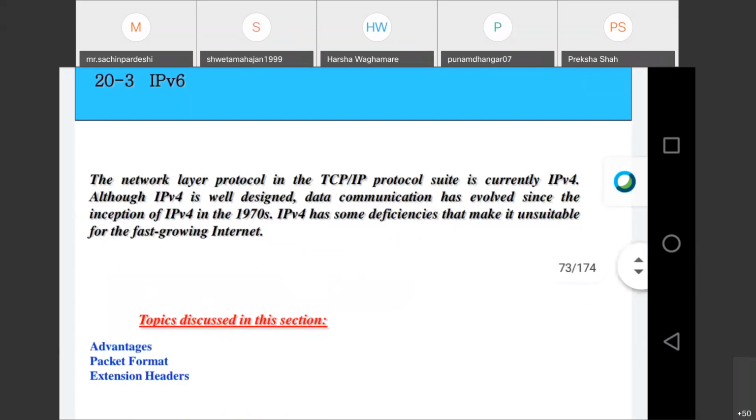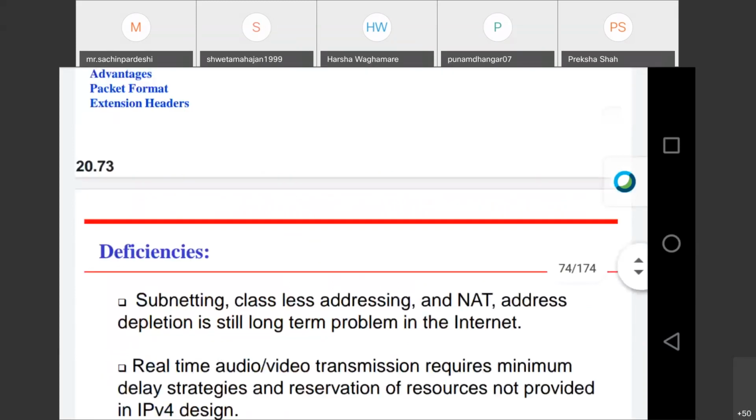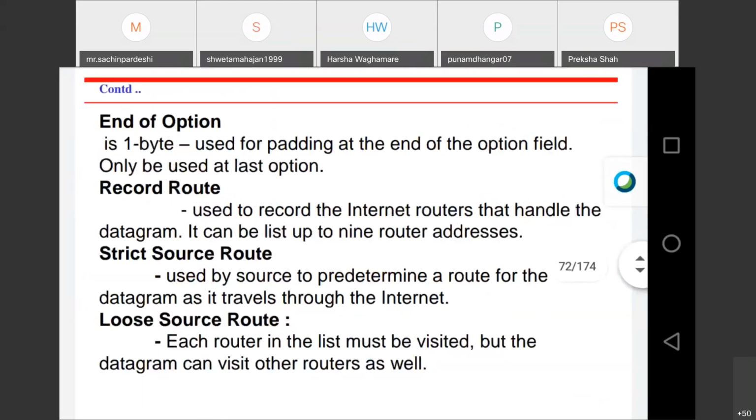If you could not understand, contact me through personal chat, and tell me whether the session was understandable and whether my voice was audible. Anything you want to share, you can share with me.